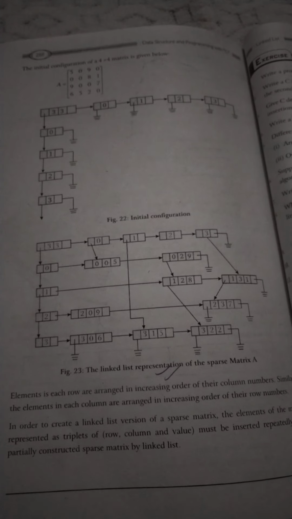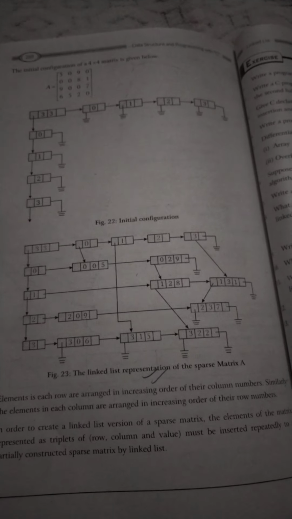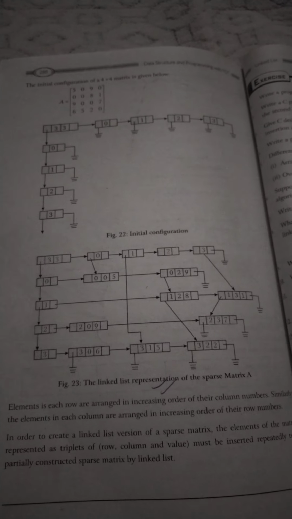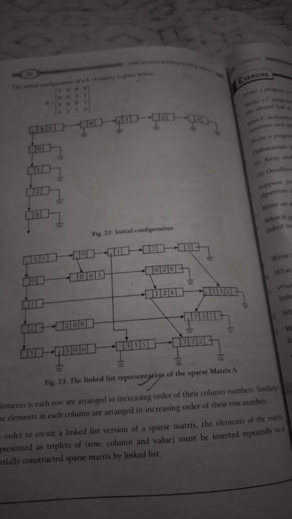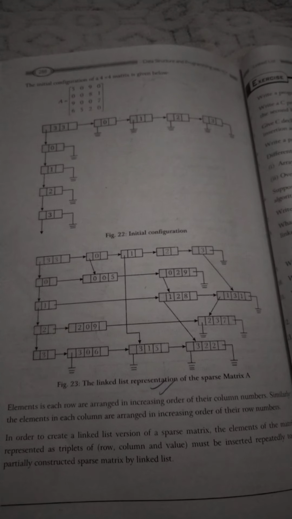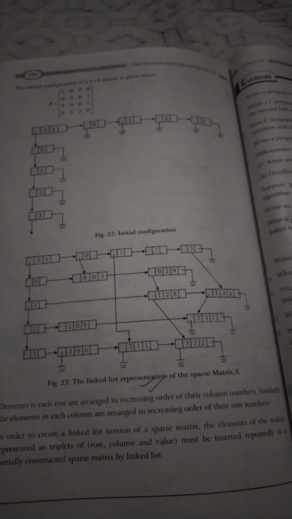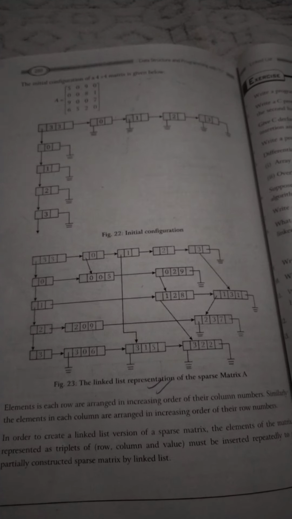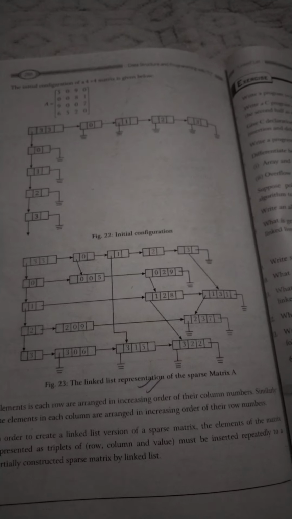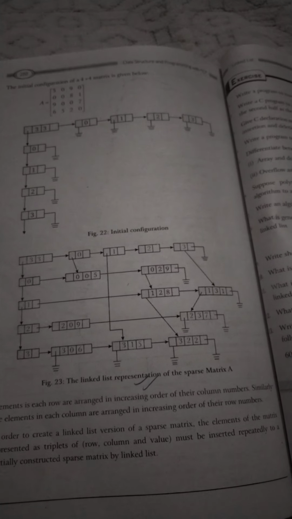Elements in each row are arranged in increasing order of their column number. Similarly, the elements in each column are arranged in increasing order of their row number. In order to create a linked version of a sparse matrix, the elements of the matrix are represented as triplets of row, column and value. So it says which row, which column and the value.